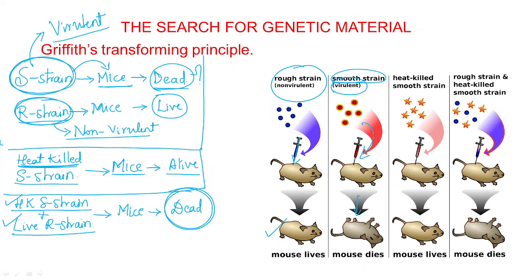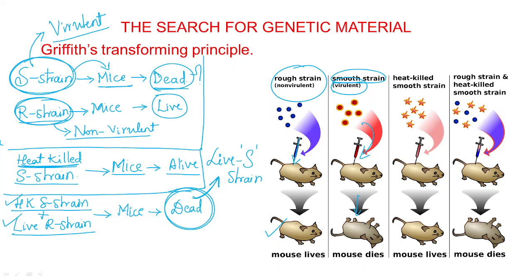He was searching for the reason behind this. He took the dead mice and isolated the bacteria from them, and found the presence of live S strain bacteria in them.